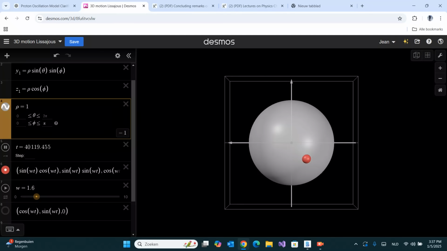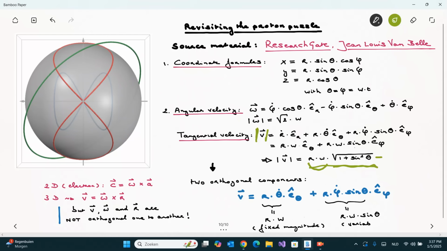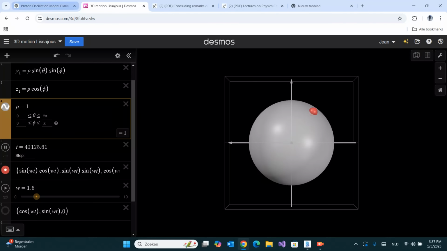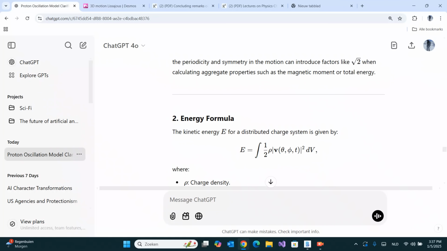But let's go back to the main problem again, and that's this varying tangential speed. The interesting thing, and that's where I started chatting with ChatGPT, which I'm going to pull up. It's an enormously long conversation, but we arrived at the conclusion that this inconsistency may not necessarily be bad.